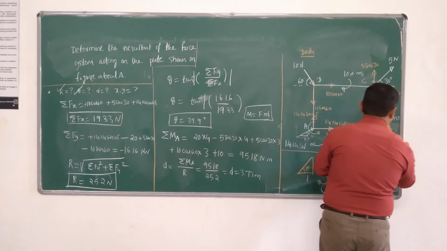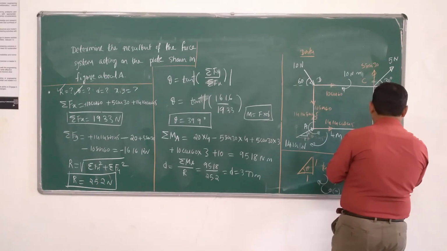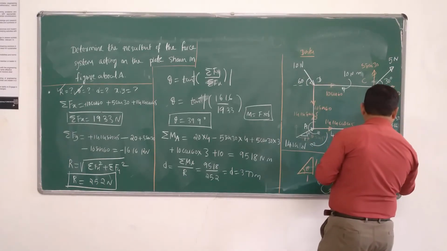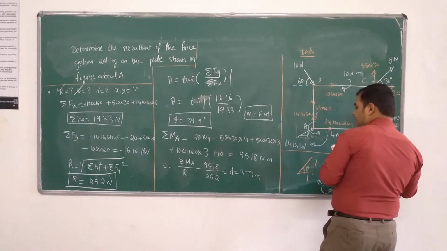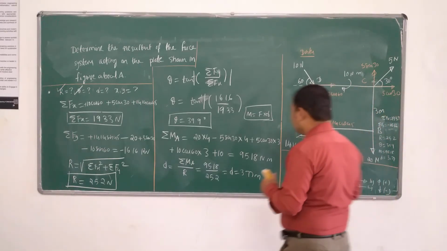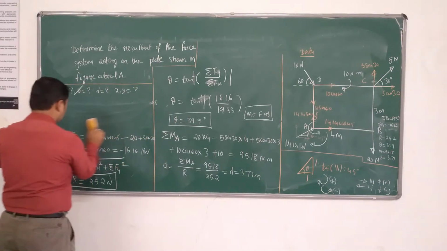The resultant force is 25.2, and theta is equal to 39.9 degrees. The moment about A is 95.18 and the distance D is equal to 3.77 meters. So let us see the calculation of the X and Y intercept of the resultant force.